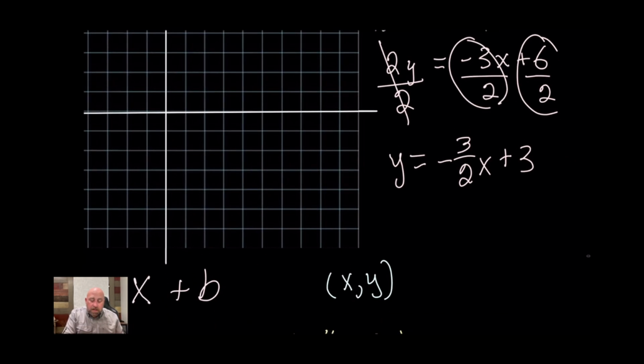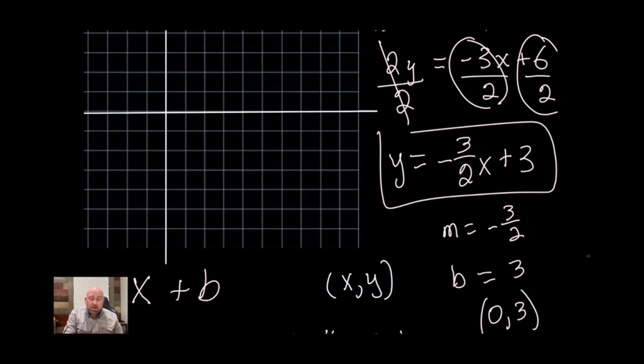Our m is negative 3/2. And then our b is 3. And then we want to write this as a point. So remember, this is our y-intercept, so it's going to be 0, 3. That's going to be our y-intercept, 0, 3.